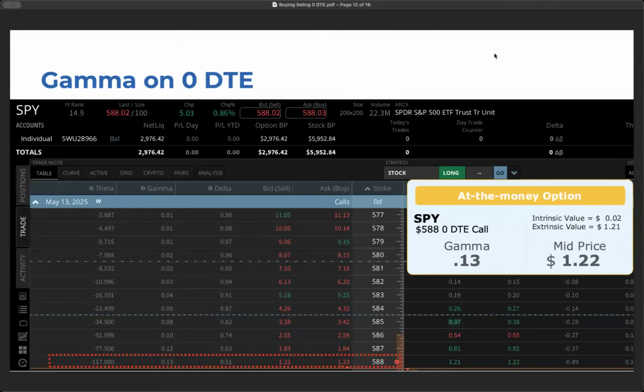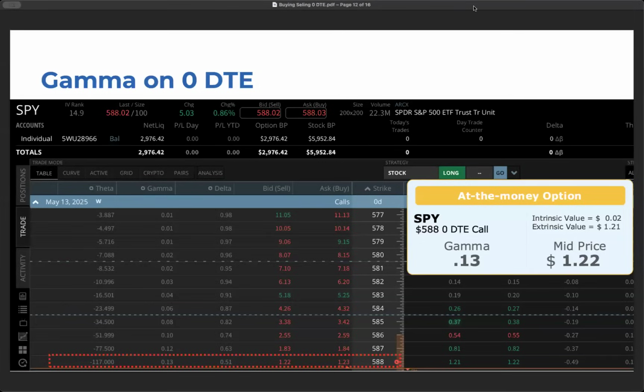So in the 30-day example, we said that you had about a 4.4% gain or loss for a $1 move. When you're trading the 0 days to expiration, you had about a 52% gain. These are very rough numbers, but 52.4, to be more exact, divided by 4.4, you basically have the 0 days to expiration providing 11.9 times more leverage than the 30-day option.